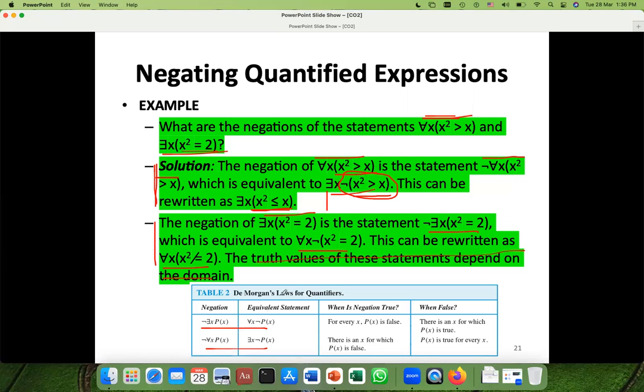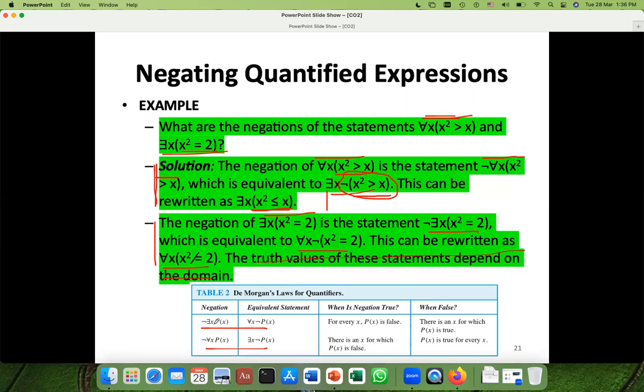Here in the table, De Morgan's laws for quantifiers are mentioned. For quantifiers, if there is a negation like negation there exists p of x, what is the meaning of this?